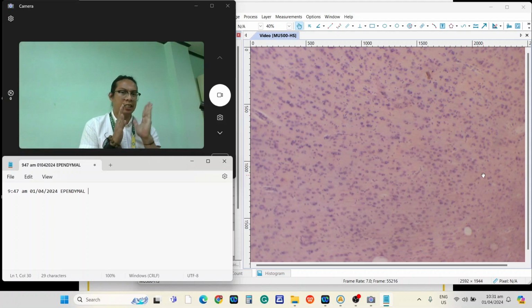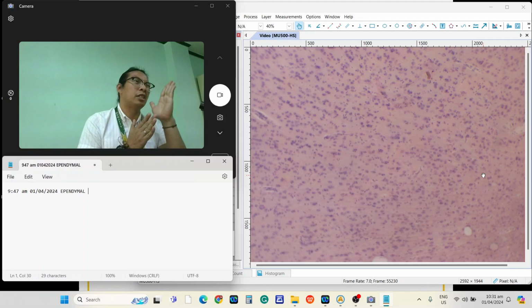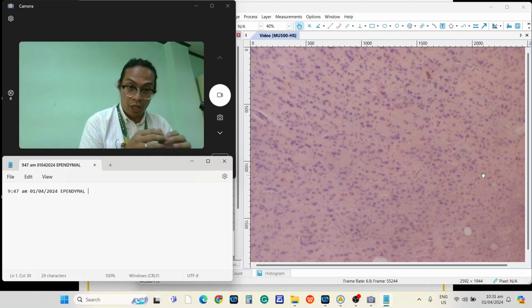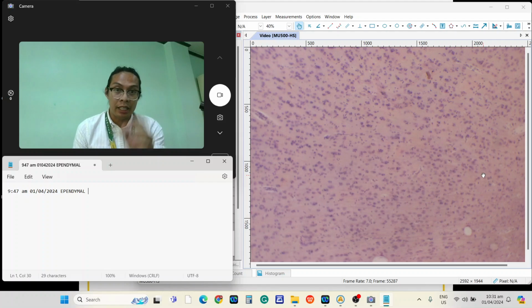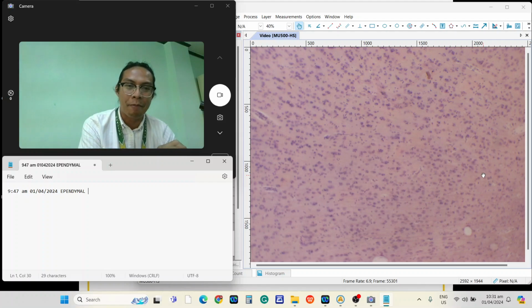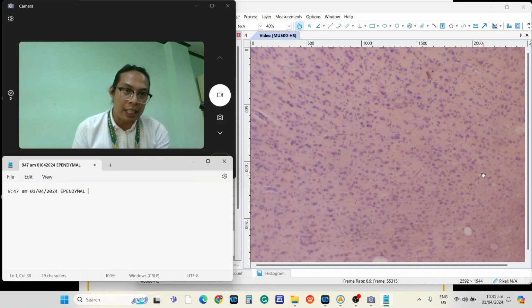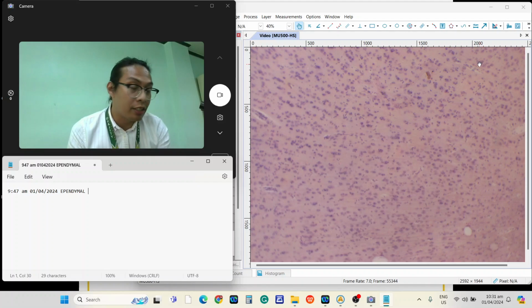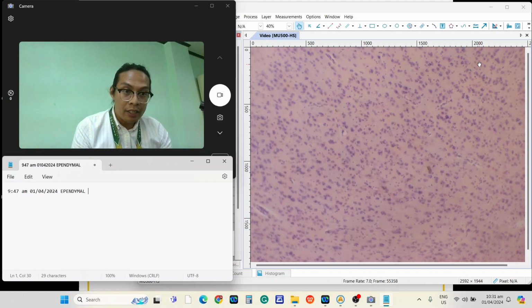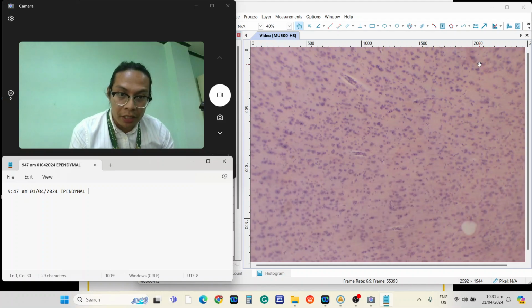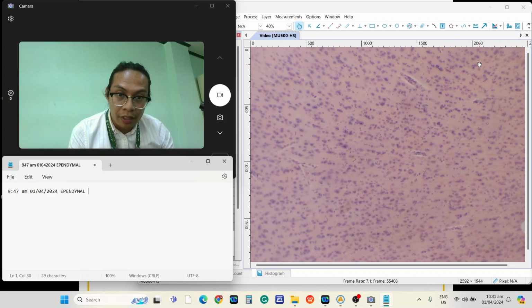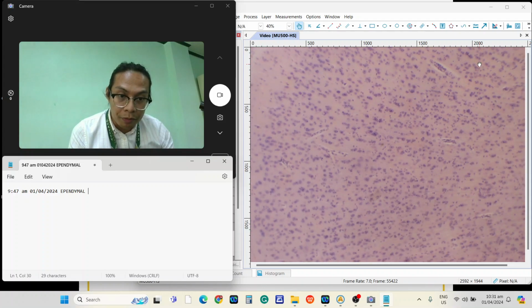Although hindi kasing distinguished yung layers niya kagaya ng sa cerebellum, at least ma-appreciate natin na may dalawang layers ng pyramidal cells. Madali natin ma-appreciate ang pyramidal cells kasi sila ay malalaki. That is another pyramidal cell. Okay, mag-observe nga tayo ng pyramidal cell under HPO.